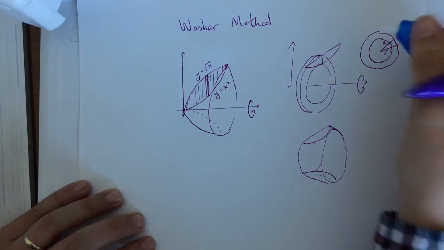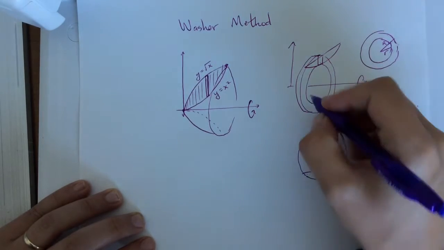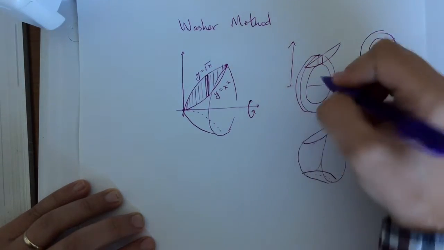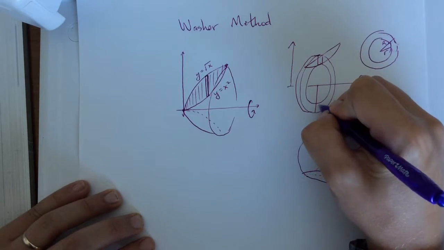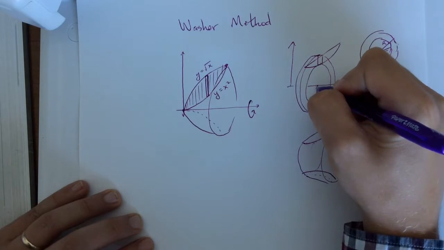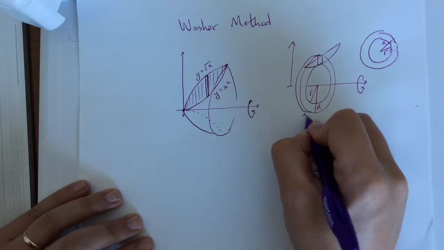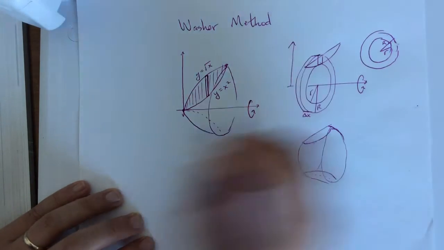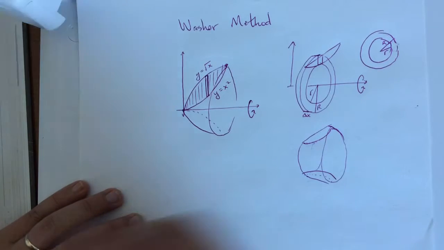So the volume then of one of these approximating washers is going to be the volume of the right cylinder that is formed by the outer radius minus the volume of the right cylinder that represents the hole in the middle times the height of the cylinders, which in this case is delta x.